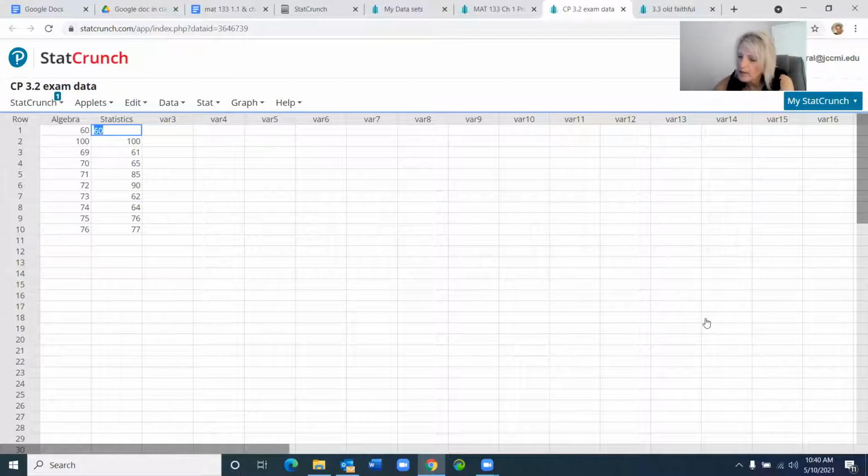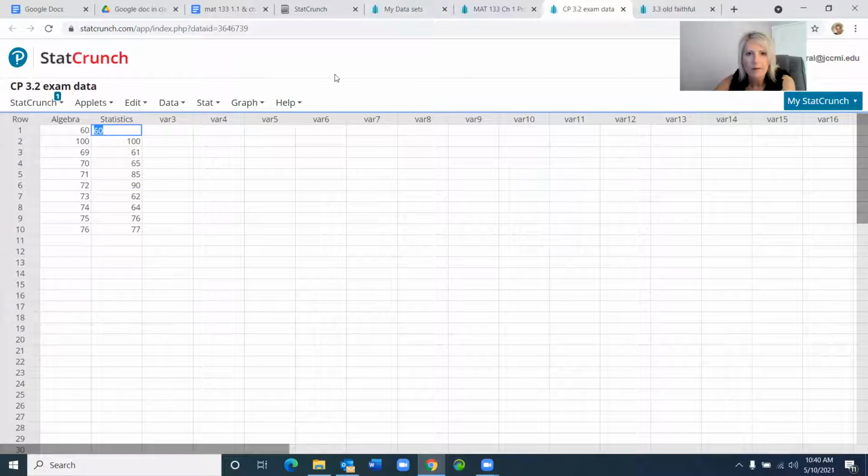It says, but what do these numbers have to do with the data? How do we interpret the standard deviation? So it says the algebra class has a standard deviation of 10.176 points. And the variance, if you square 10.176, is 103.56.